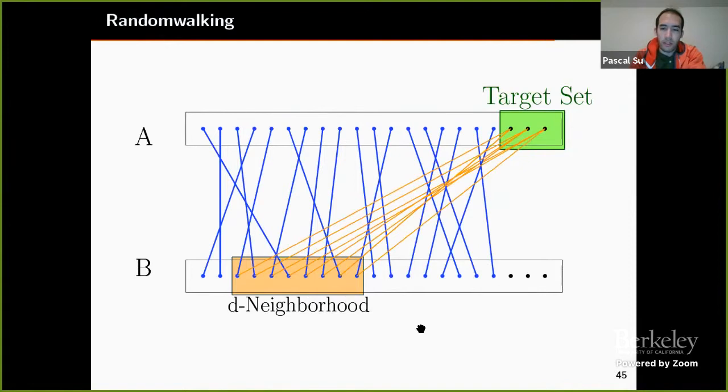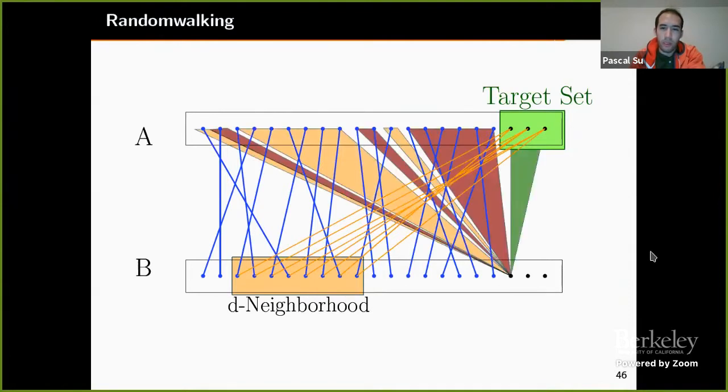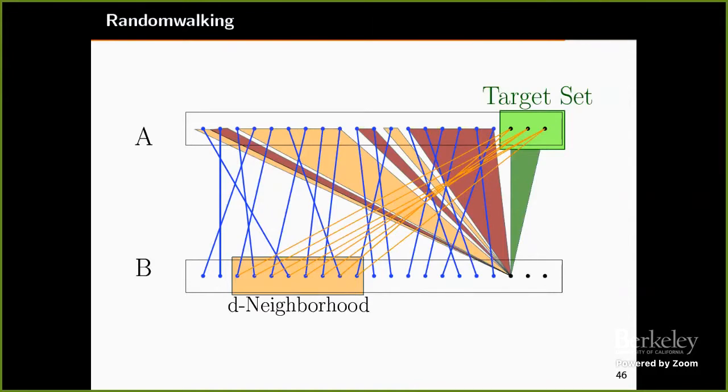If we search for a new matching edge from a vertex in B, then we could match to the target set, which is of course good, but we can also match to these neighbors of the neighborhood of this target set, and then replace the blue edge here with two orange edges. And in this way also increase our matching. As long as this neighborhood is large enough, we guarantee that the probability is big enough to finish quickly.